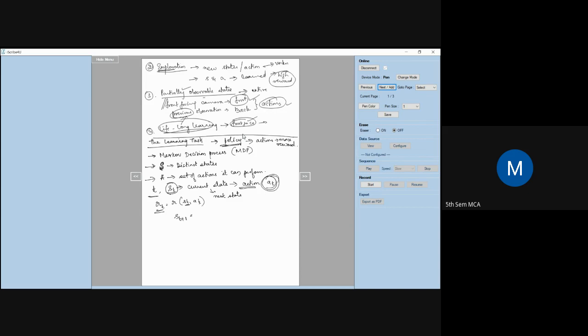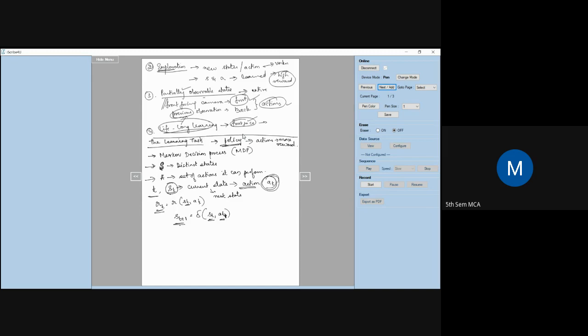This is nothing but delta of ST, AT. So what is ST plus 1? You moved from the current state ST, by performing this action AT, to the next state ST plus 1.